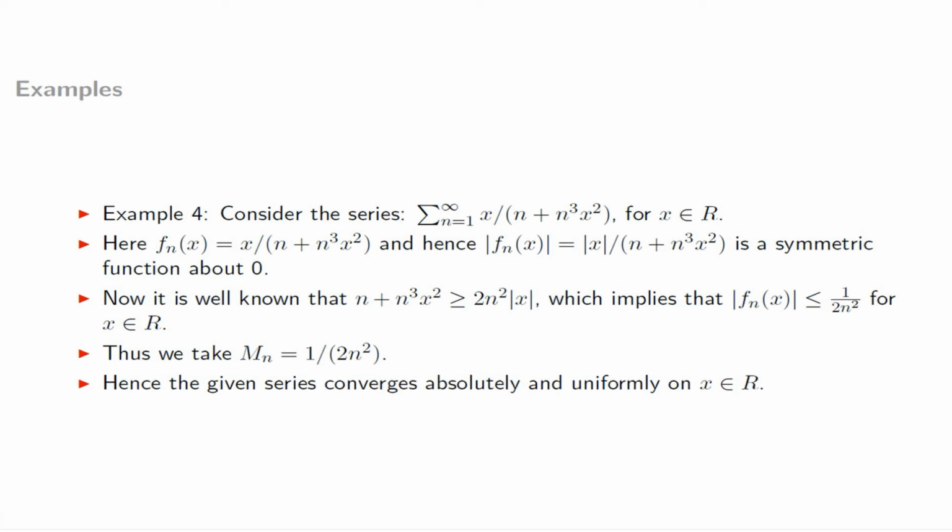Now it is well known from the arithmetic mean greater than or equal to geometric mean inequality that n plus n cube x square is greater than or equal to twice n square absolute value x, which implies the absolute value of f n x is less than or equal to 1 by 2 n square. Hence, using the Weierstrass M-test, taking Mn as 1 by 2 n square, we observe that the series converges absolutely and uniformly on x belonging to the real line.